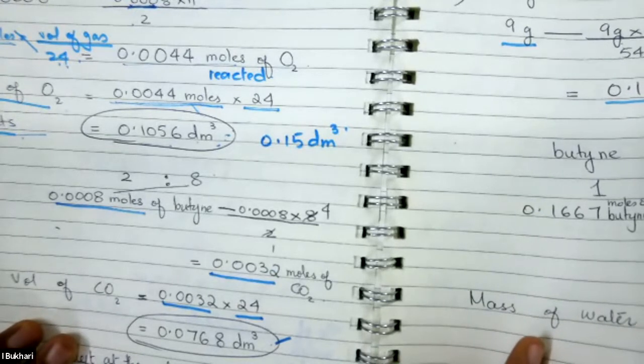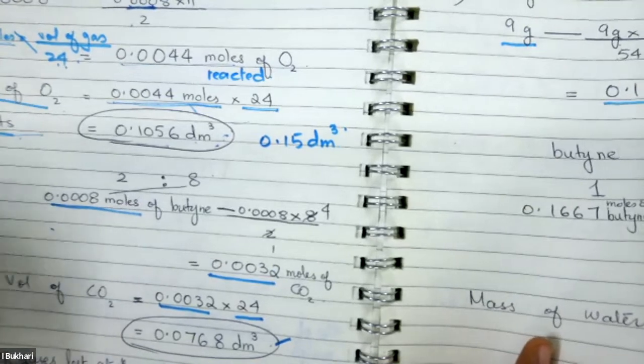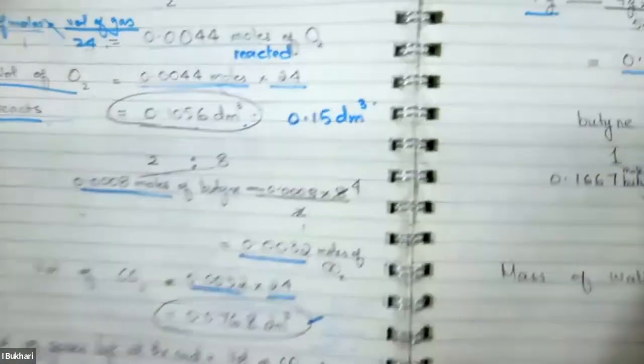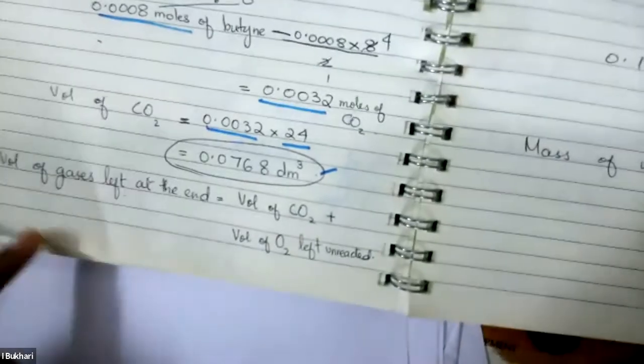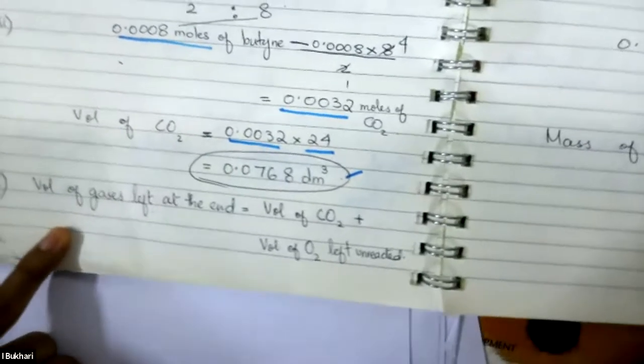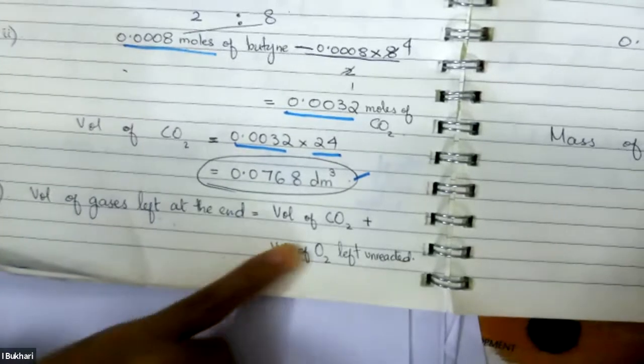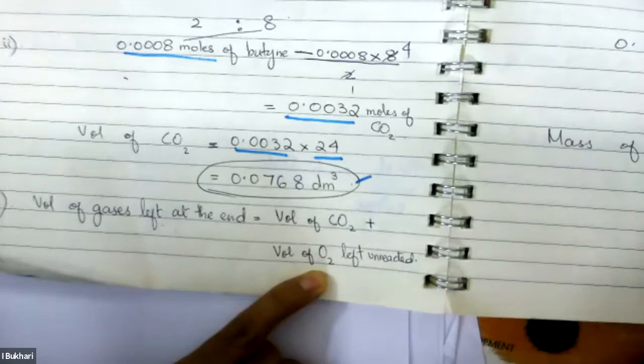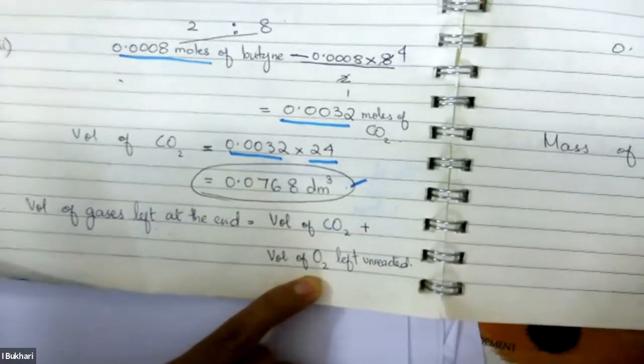Miss, can you just for a second show me the third part? Third part, volume of gases left at the end? Yes, miss. So it starts from here. Volume of gases left at the end is volume of carbon dioxide plus. I have cam scanned it and shared it in the group. Are you copying?